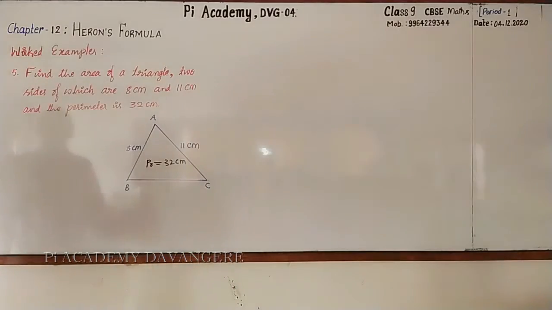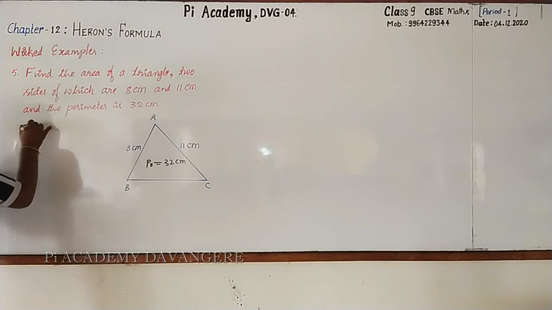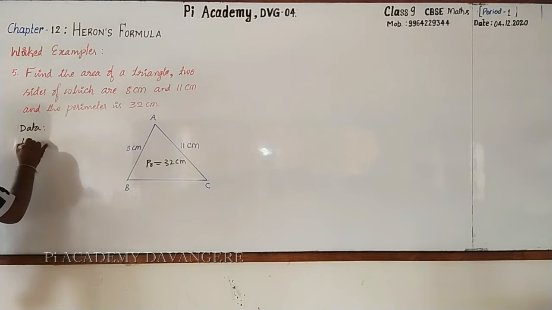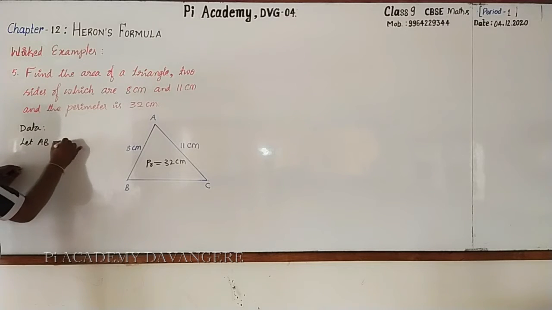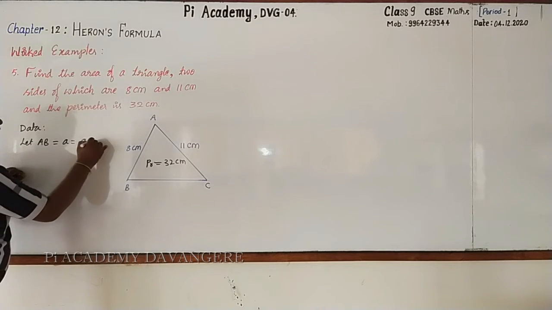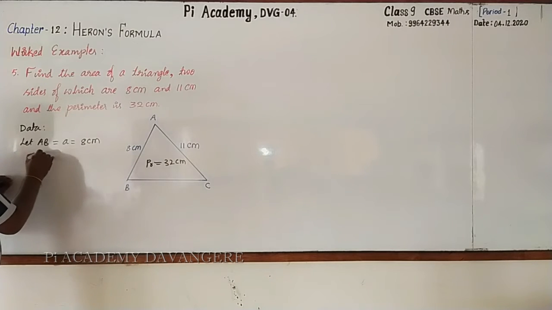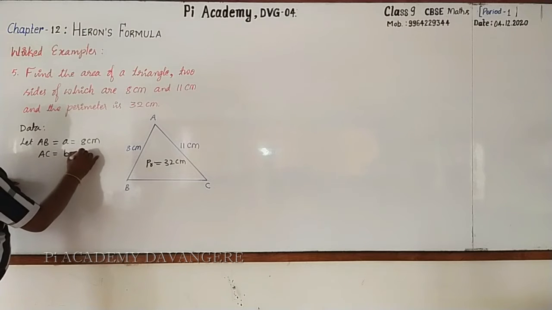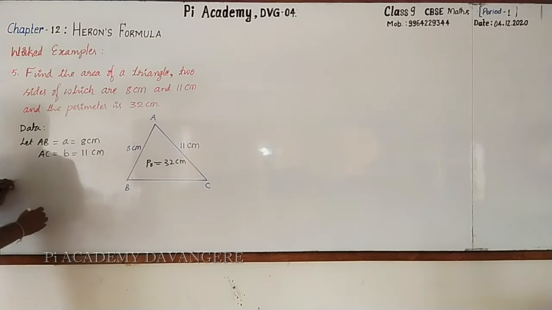Let me go for explaining this. Observe. Here, ABC is a triangle. Here, I'll take AB as A. It's equal to 8 centimeter. AC as B. I call it as B. It is 11 centimeter. C is unknown. Perimeter has been given.